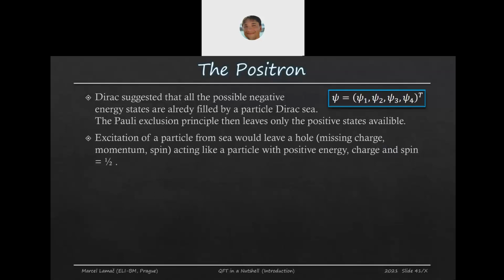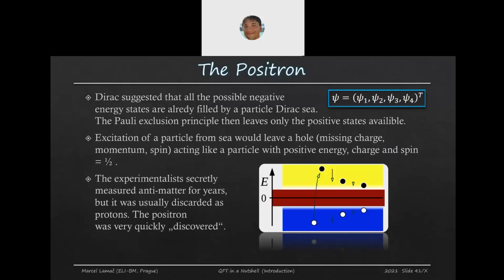And since we know that there is something known as the Pauli exclusion principle, he claimed that this Dirac sea leaves only the positive energy states available. Quite an ad hoc solution that was devised in a rush to somehow make sense of this, so that he doesn't lose face with these four-component wave functions.